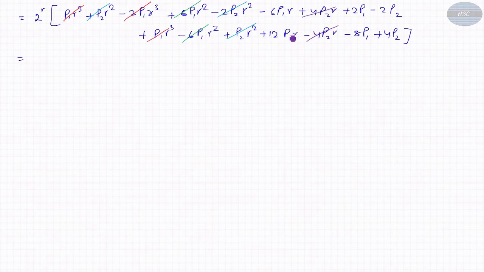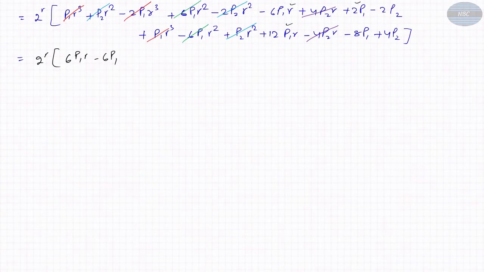So we have remaining terms, we can write it down as 2 to the power r. This is minus 6 p1 r plus 12 p1 r is 6 p1 r. So this is complete. Now come to plus 2 p1 and minus 8 p1 is minus 6 p1.